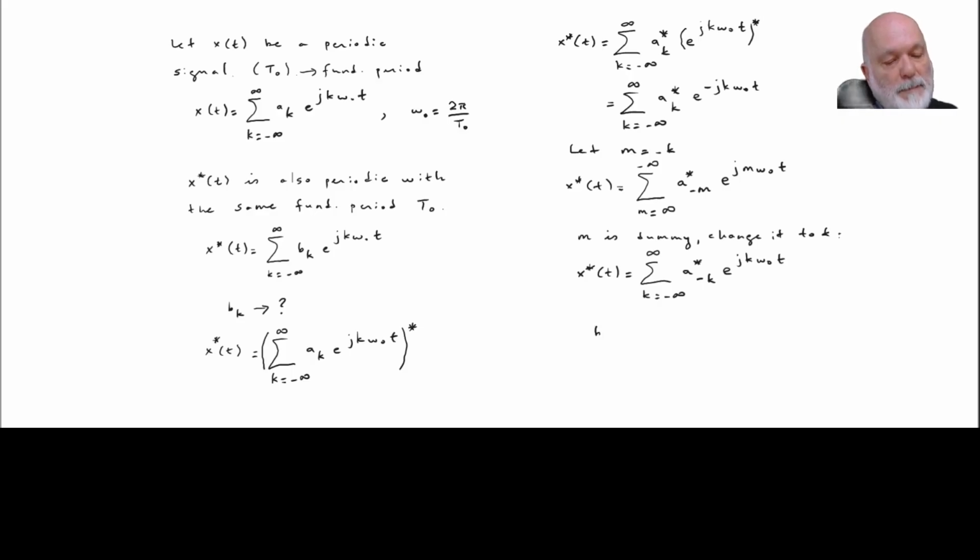Therefore, bk, the Fourier series coefficients of x conjugate of t, is related to the coefficients of the original signal x of t by means of this relation.